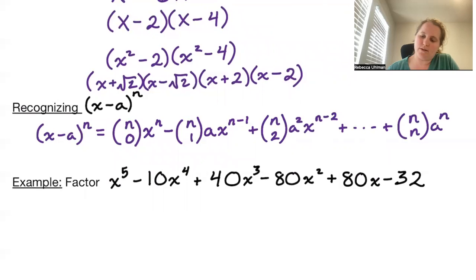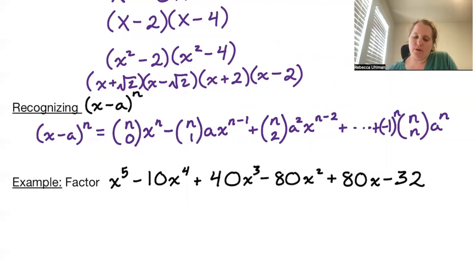And then, of course, we will have negative 1 raised to the n, since our signs are alternating.